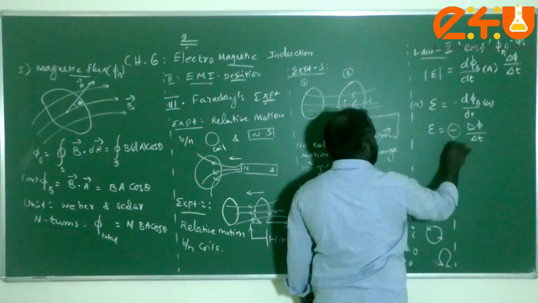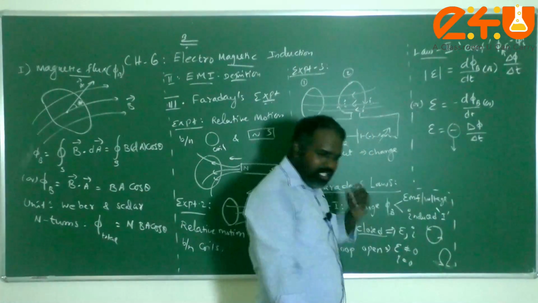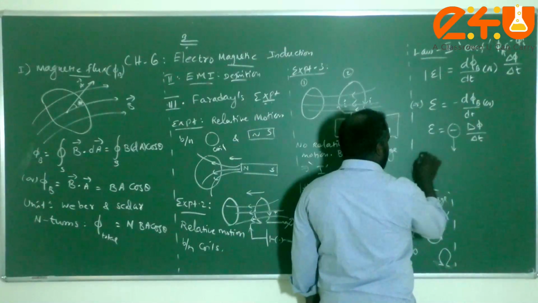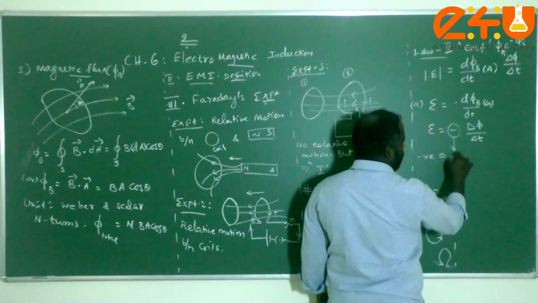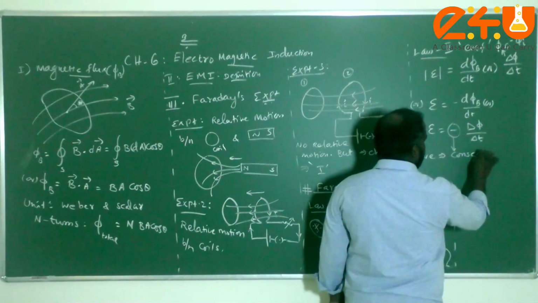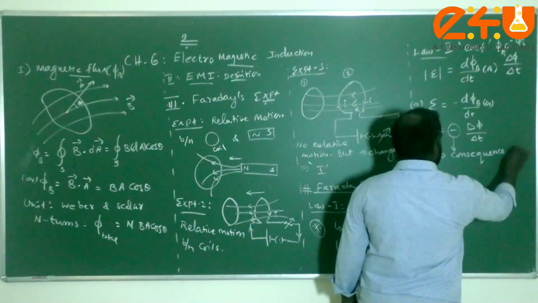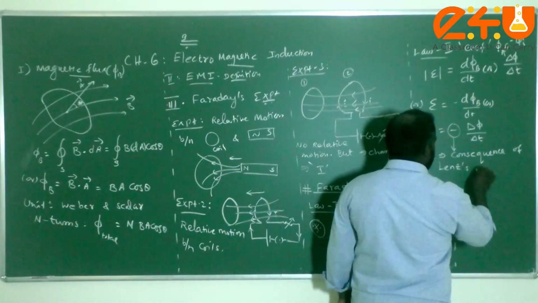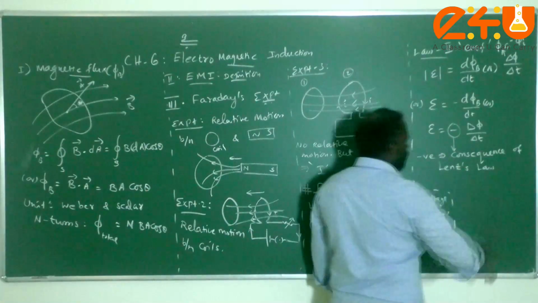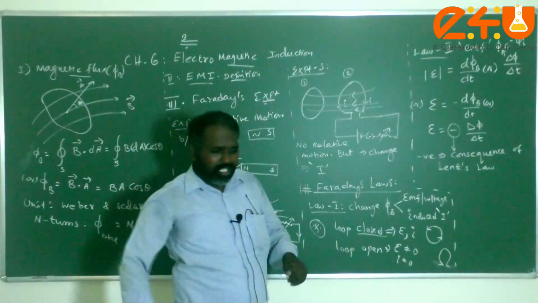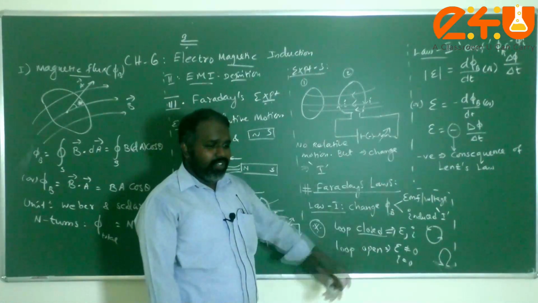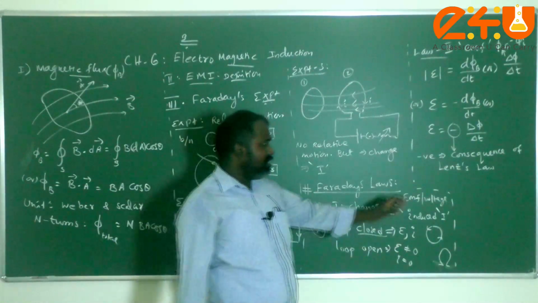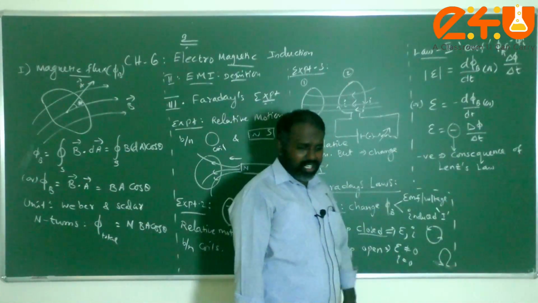What this negative sign indicates is based on Lenz's law. That means the negative sign is a consequence of Lenz's law. Consequence of what, children? Lenz's law, that we will discuss in the upcoming topics. That means the direction of the induced current always opposes the flux variation in the coil. That opposition is denoted by the negative sign.